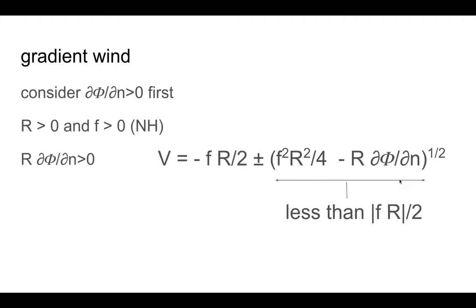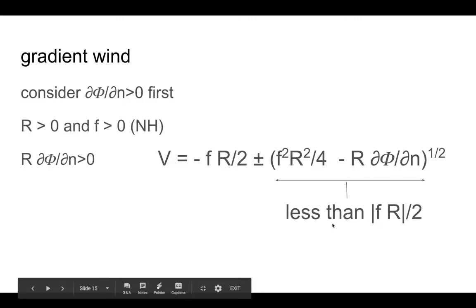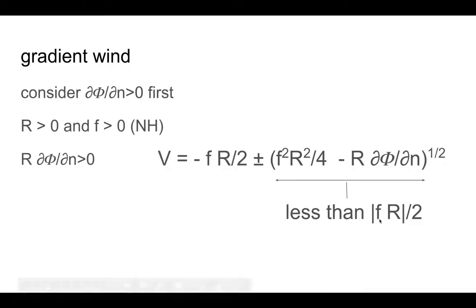And so since we're subtracting a positive from this value, and this, if we take the square root of this, is the absolute value of fr over 2, then the net result of subtracting this and taking the square root is that this term is going to be less than fr over 2. Okay, and since we're doing that, the square root is less than the absolute value of fr over 2. And so we're adding and subtracting a number that's less than fr over 2 to minus fr over 2.